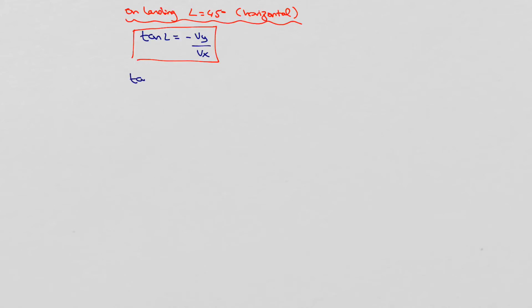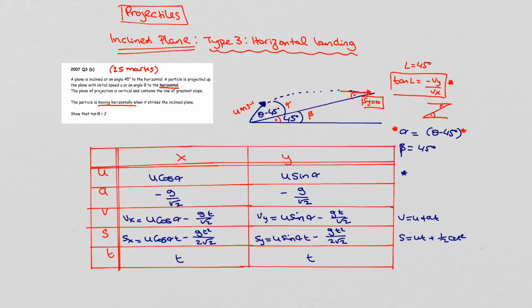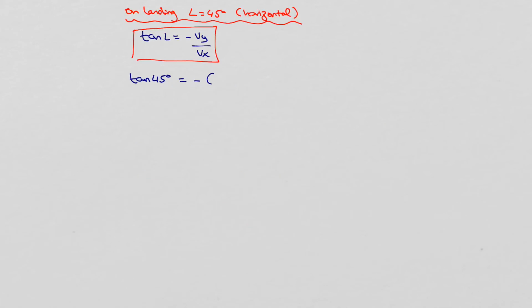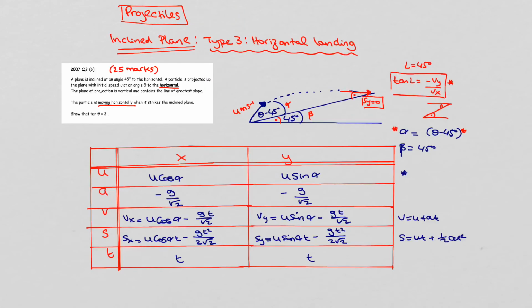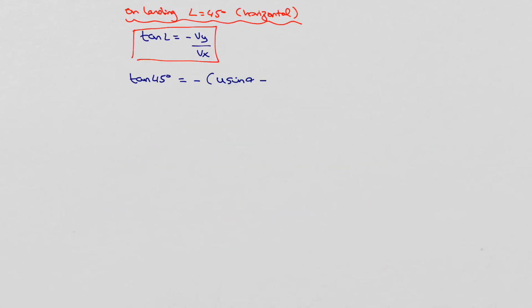So tan 45 will be my landing angle. And then I have minus Vy. Again, if I go back to my table, Vy was u sine alpha minus g t over root 2. So we have u sine alpha minus g t over root 2, and then that's over Vx.